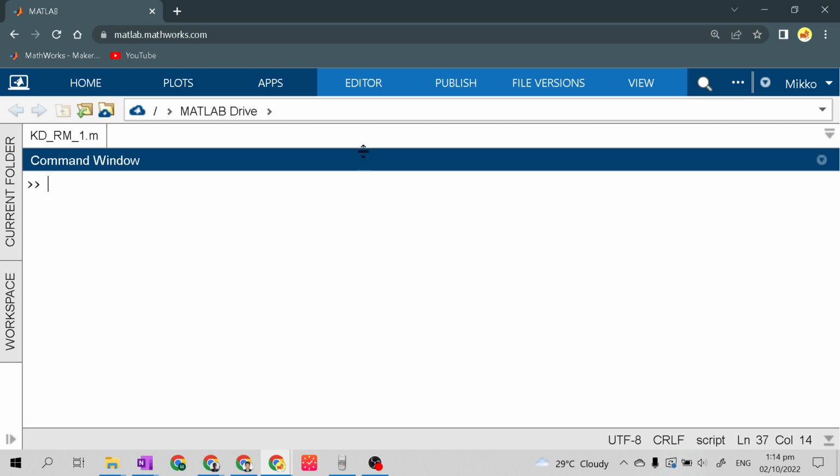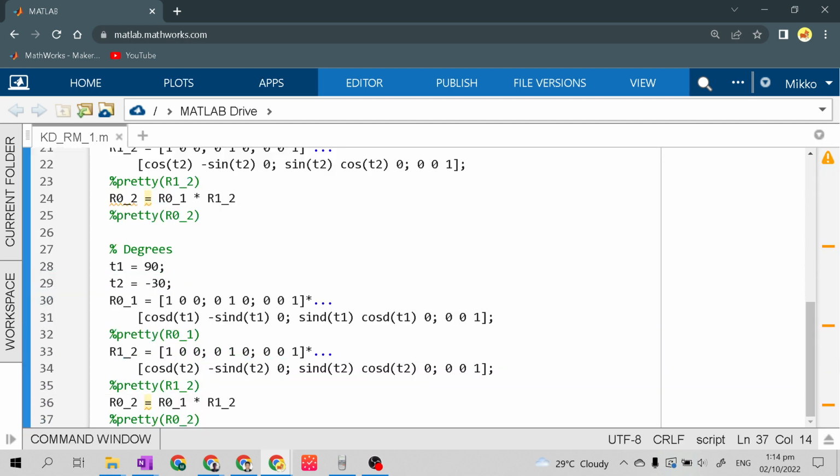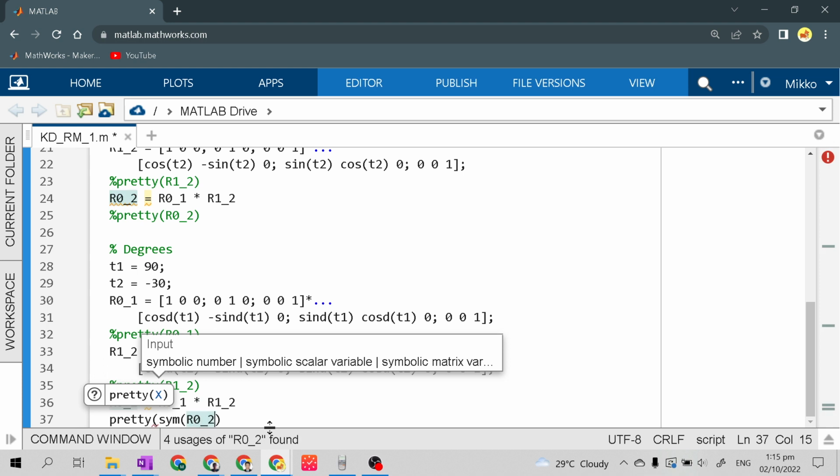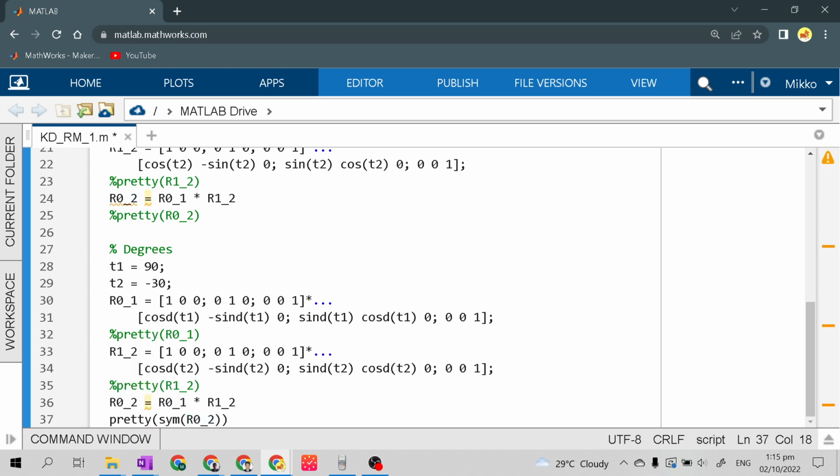Let's make it a fraction. So let's remove the percent at the last pretty, then add sym, open parenthesis, the R02. Okay, this is the last pretty at the degrees.